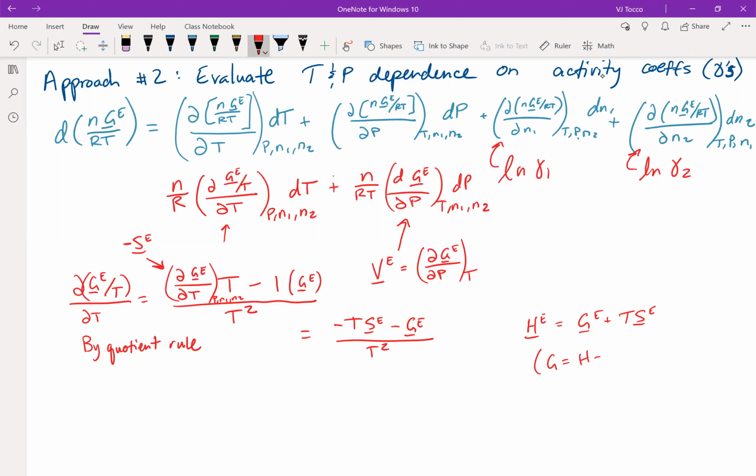I can expand that by rearranging and using the excess properties instead. So I can replace this by a minus enthalpy, minus HE.